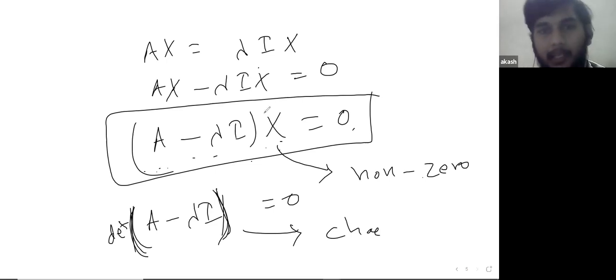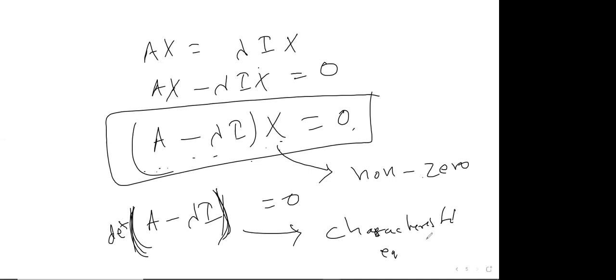This is called the characteristic equation. You can write it down. Please write the steps. Yes, sir.